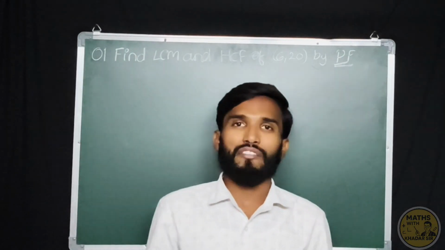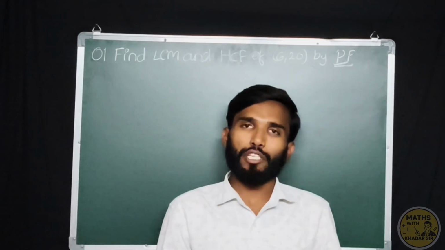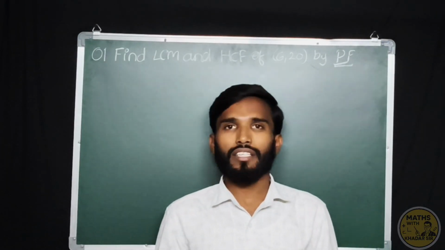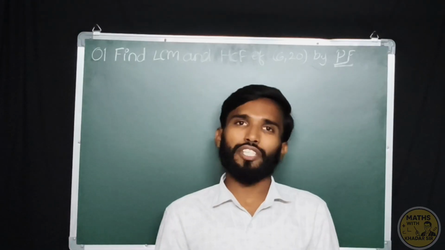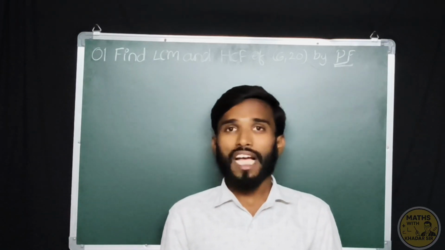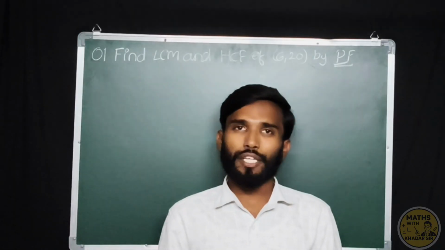As we learned in the previous videos, what is prime factorization? If anyone did not watch that video, go and watch that video, as well as the fundamental theorem of arithmetic.